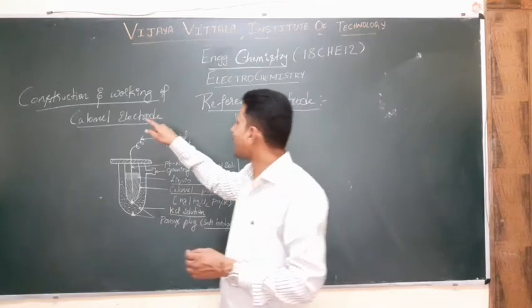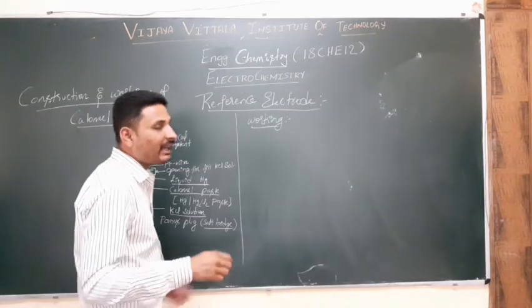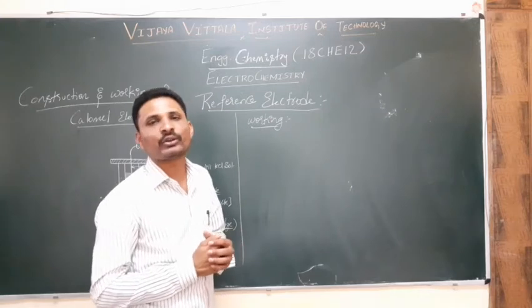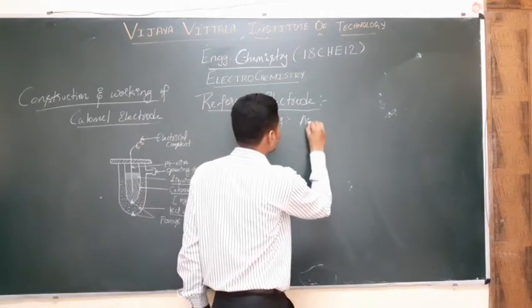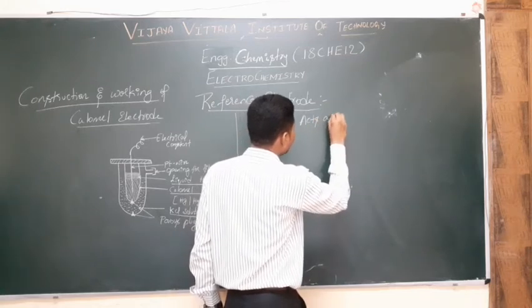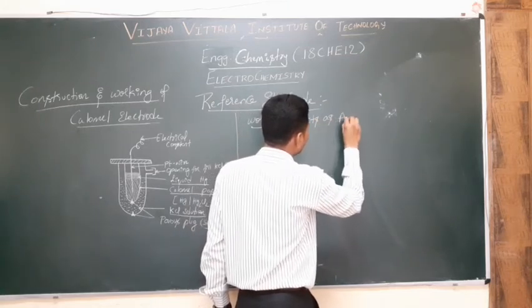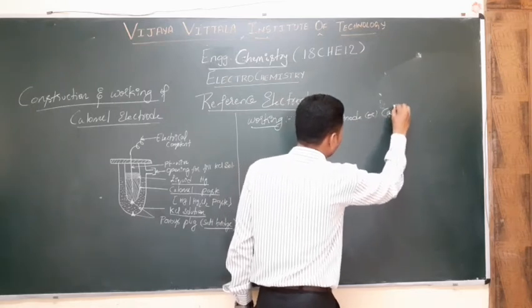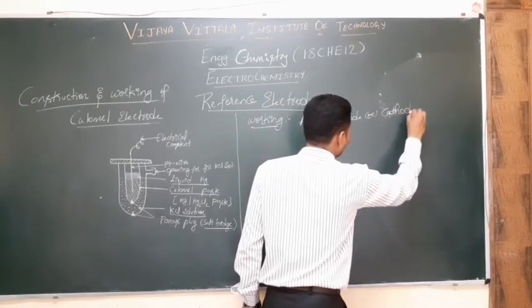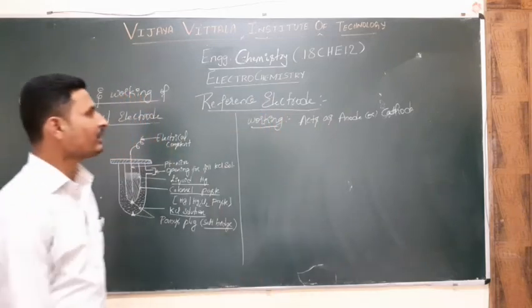Okay, so this Calomel electrode can act as anode or cathode. Understanding here?